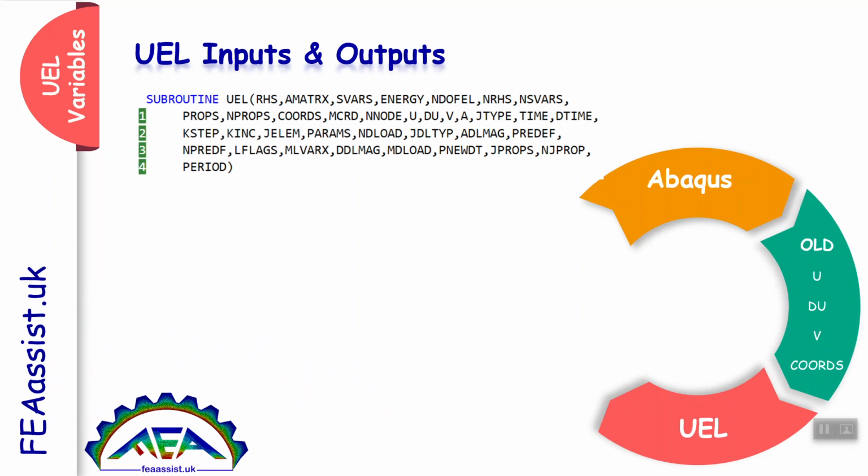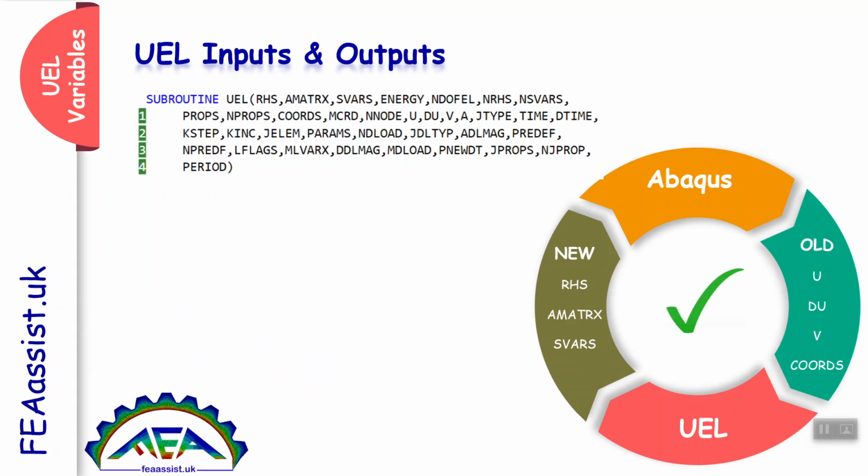We need to get these variables and define the interpolation matrix, interpolation function, and the element's force matrix, and return these new variables back to Abaqus. Again, Abaqus gets these variables and computes the U, du, v curves. This is how Abaqus and UEL interact with each other, which is necessary to understand well to write well-working UEL subroutines.